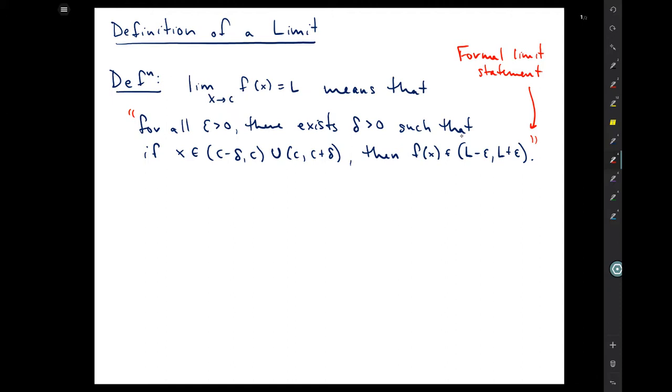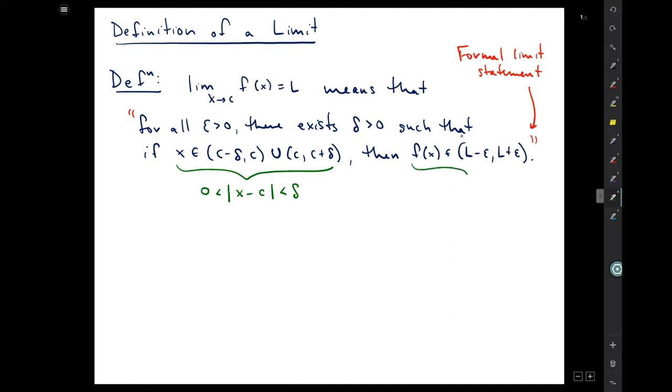Now, I am using notation that is consistent with Tolman's calculus book, but a lot of the time, if you see this somewhere else, you will see this punctured interval written as the absolute value of x minus c is less than delta and greater than 0. So this is the same as saying that x is in this punctured interval around c, where you do not include c, but you can go delta below c and delta above c.